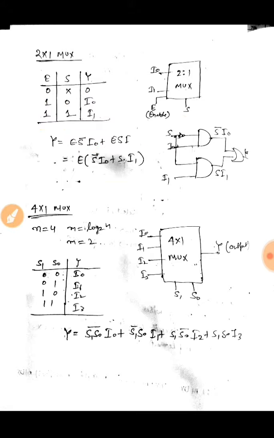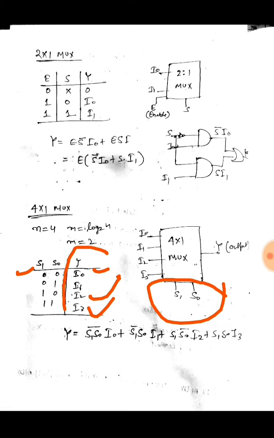Similarly, if I have a 4:1 mux, then I would have m equal to log2(4), that is two select lines. Two select lines would have four possible combinations, that is 00, 01, 10, 11. For 00, I0 would be transmitted, for 01 I1, for 10 I2, and for 11 it would be I3.